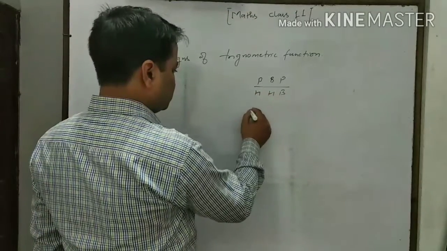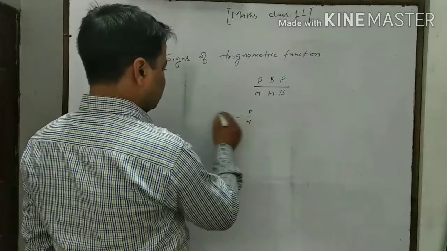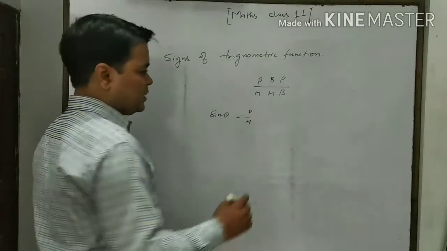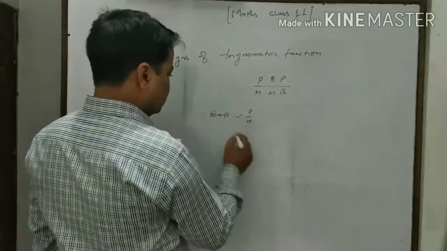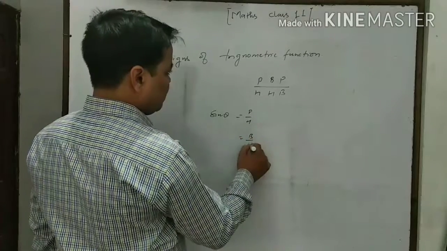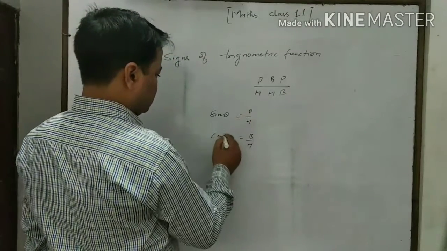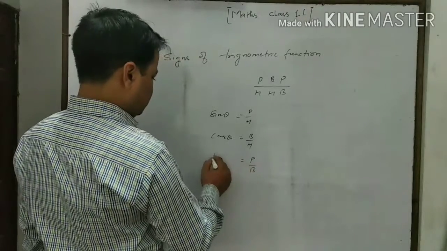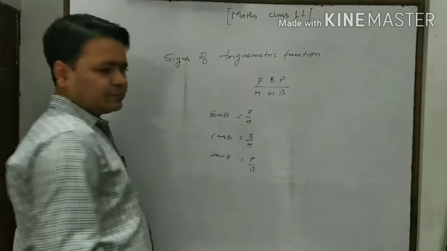Perpendicular by hypotenuse is equal to sine theta. Again, base upon hypotenuse is equal to cos theta, and perpendicular by base is equal to tan theta.